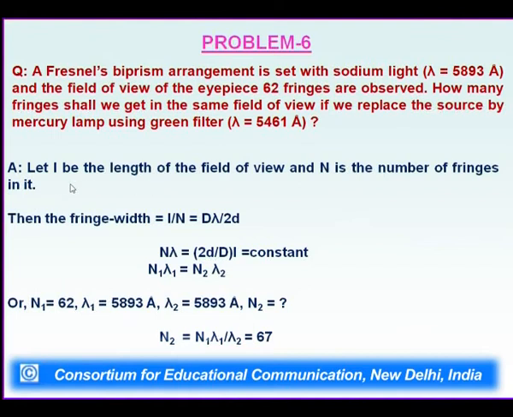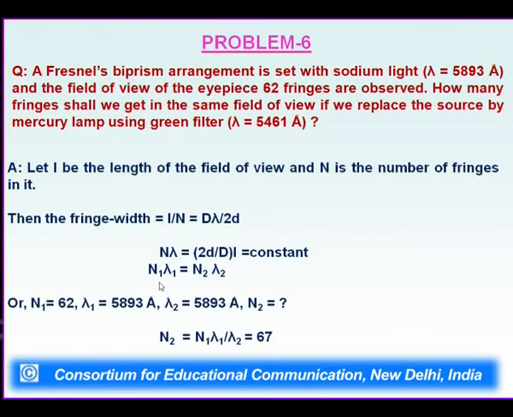Again let l be the length of the field of view and n be the number of fringes in it. Again we use the same formula to find the fringe width: l by n is equal to D lambda by 2d. Here we take n and multiply by lambda, and here we take l this side, but this value is again a constant.